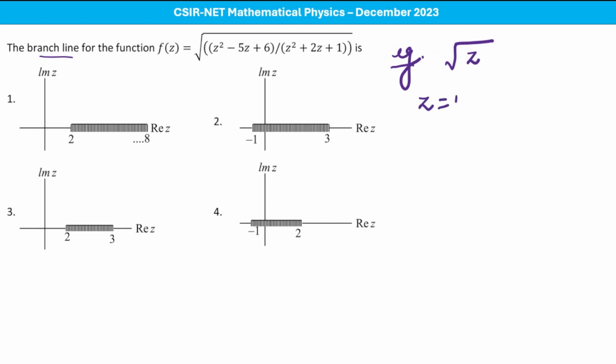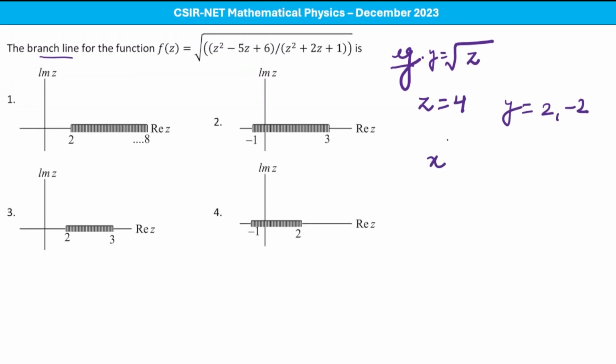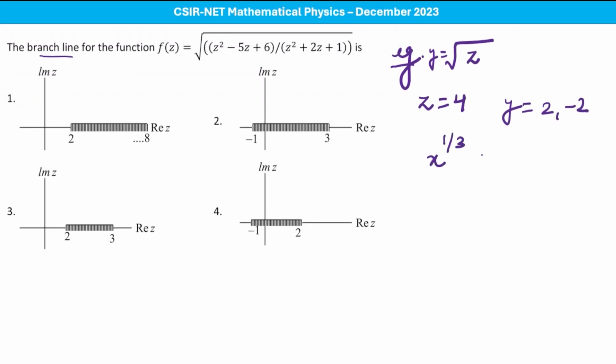If you put z equals 4, then it will give you y equals 2 and minus 2. And if there is a function x raised to power 1 by 3, it will give you 3 roots. So for one value of x, it is giving you 3 values. For one value of z, it is giving you 2 values. So this is a multivalued function.